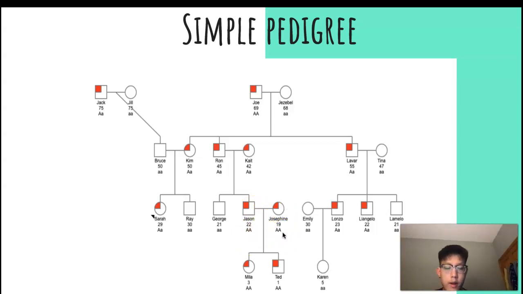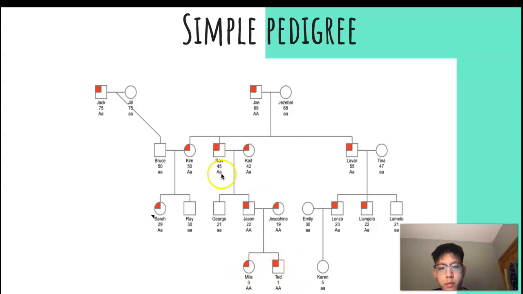AA, if they're homozygous dominant, then 100% of their children are going to be homozygous dominant as well, as we can see from the simple cross, because that's the only combination for it. So 100% of the children are going to be affected with the disorder.